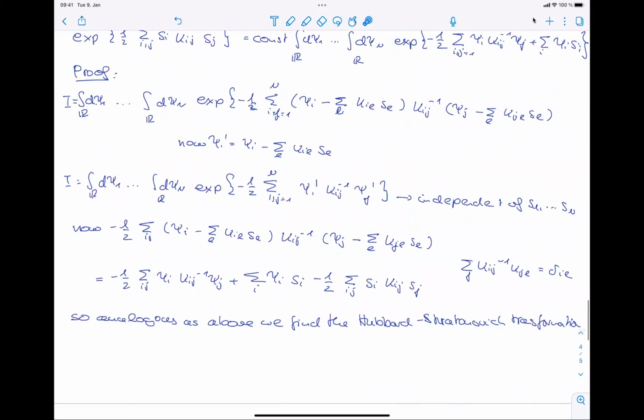C prime doesn't depend on S. So what we're doing here, and that's the analogy to the mean field theory again, is we are looking at the psi as our magnetization field, right?